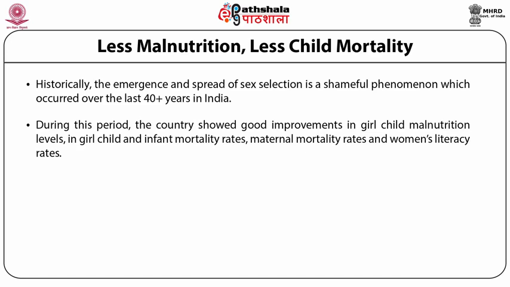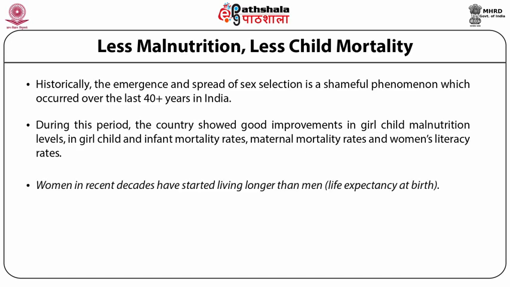From the late 80s, we have seen women start living longer than men. For instance, in Kerala, women are living 5 years longer than men. So therefore, what is disturbing about sex selection is that this phenomenon, which reflects an extreme form of discrimination against women, is becoming worse, while almost all the other indicators which look at women's status are improving.